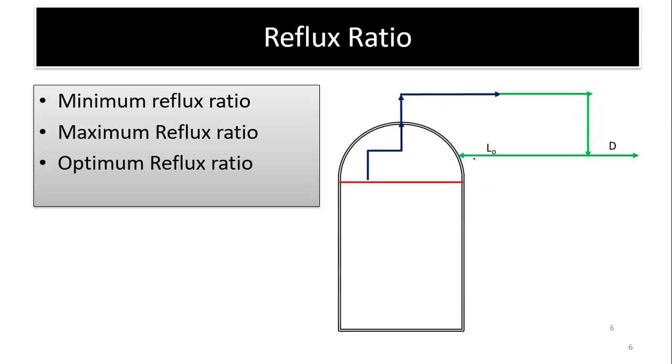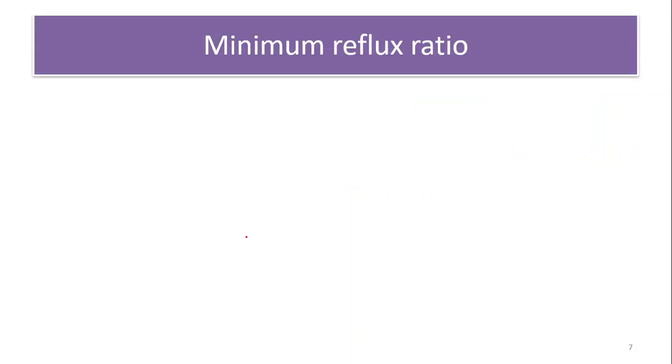We all know that reflux is the amount of liquid that is sent back into the column to provide the vapor-liquid equilibrium in the enriching section. Now we'll take the first one, the minimum reflux ratio. What is the meaning of minimum reflux ratio? It means that L0/D, the reflux ratio, should have its minimum value. That is possible only when L0 is minimum.